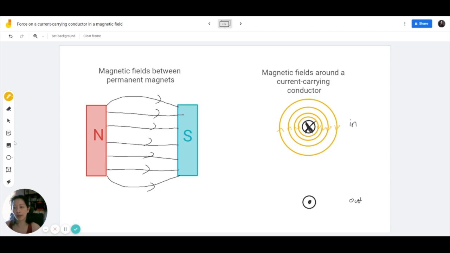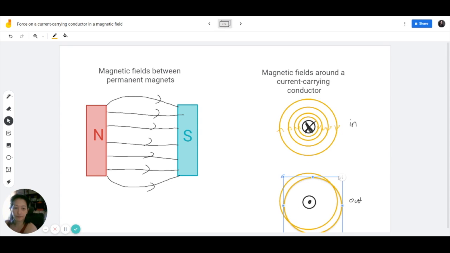Now, if current was flowing out of the paper, let me just do this again. Over here, we will also have circular fields, but obviously the magnetic fields will be going in the opposite direction.